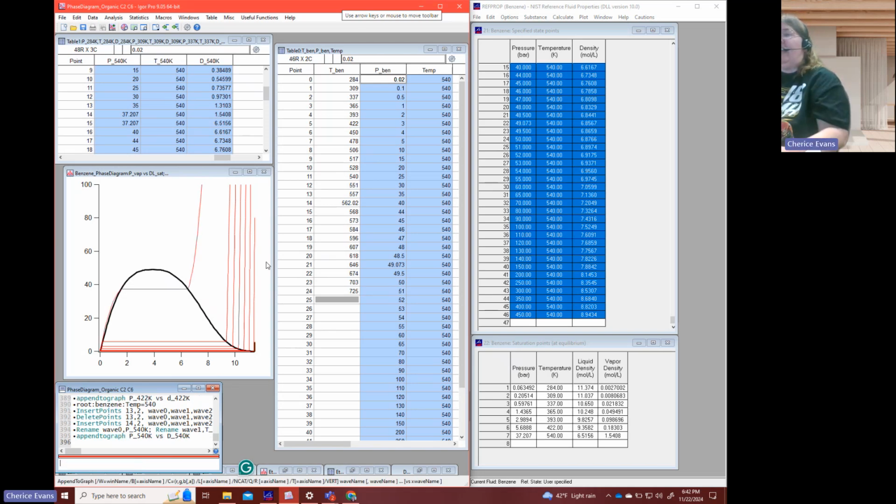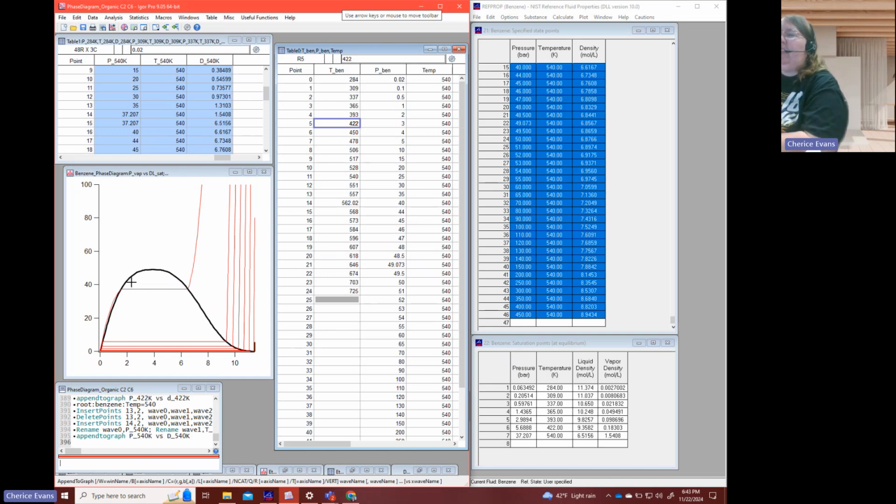Now I'm going to go back and I'm going to add all of the rest of the isotherms between 540 and 422. What I predominantly want to show you here is while this isotherm is very smooth, if I look over here, it is not very smooth.